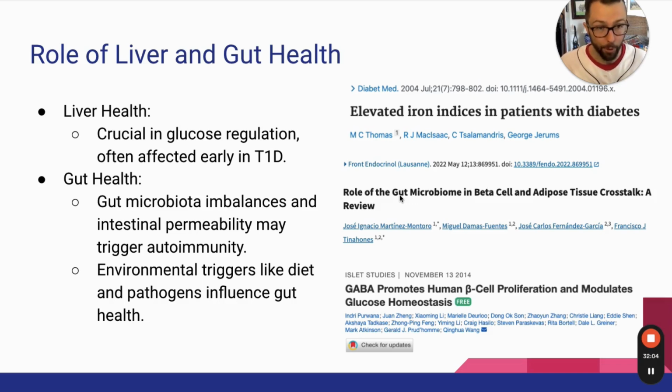GABA being a neurotransmitter that is released by beta cells, but it is also sourced from the gut microbiome as well, right?